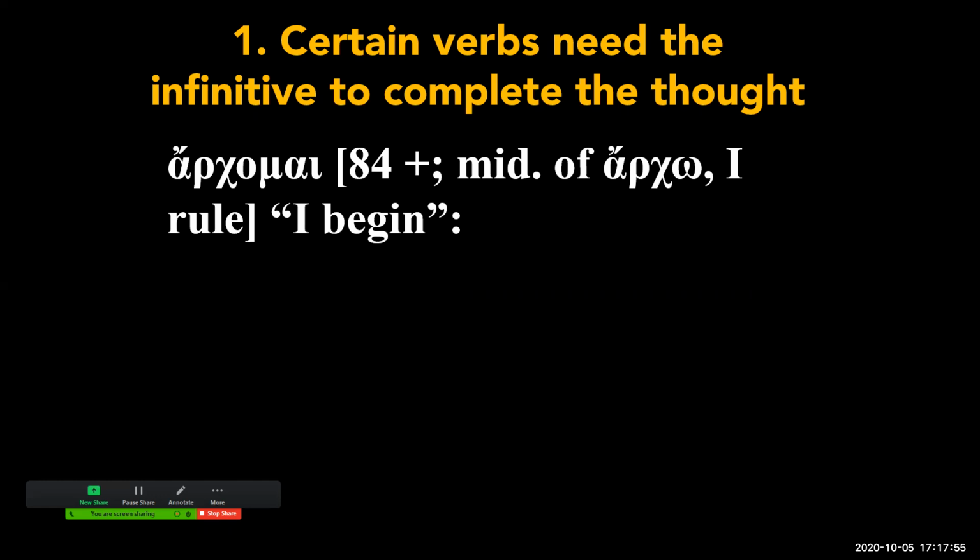Infinitive verb. Archomai is also one of those verbs that needs an infinitive because it means I begin. What are you beginning? I begin to read. I begin to hear. I begin to eat. Notice each time archomai needs an infinitive to follow it to complete the thought.